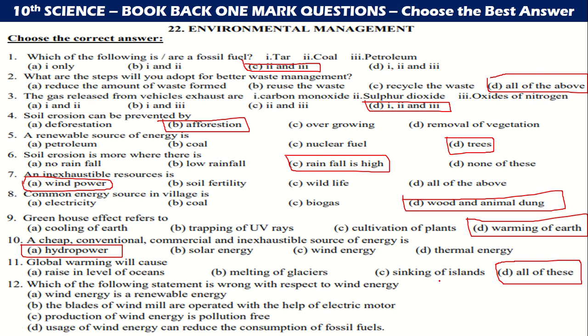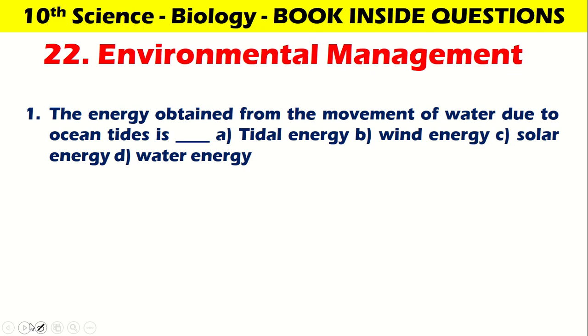All of them are correct. Which of the following is wrong with respect to wind energy? The blades of the wind turbine are operated with the help of an electric motor. That is not true. The next one, the energy obtained from the movement of water due to the ocean tides, that is tidal energy.